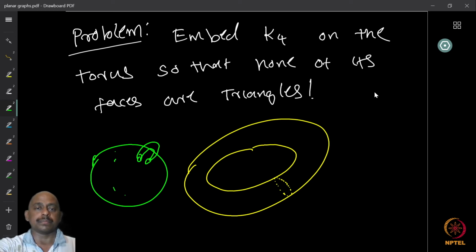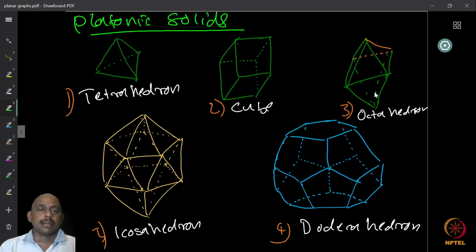Now, if you studied school geometry, you might have come across these objects. These are the Platonic solids. There are 5 regular polyhedra which are called Platonic solids, and these are the tetrahedron, that is the first one.